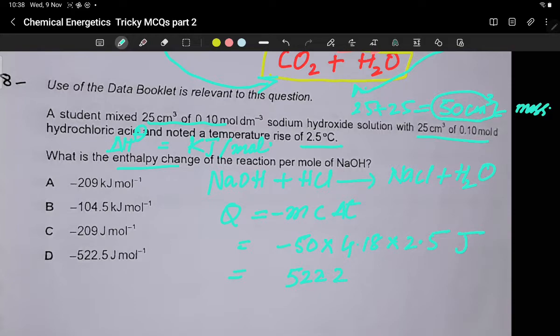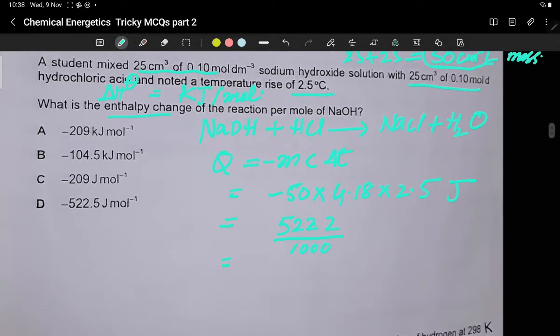So convert it into kilojoule first, divided by 1000. This is equal to 0.5222.